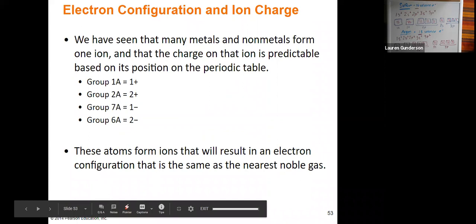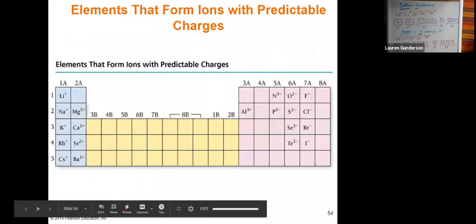Everyone's trying to mimic the electron configuration of noble gases in order to form stable structures. Okay, here's just a list of your unchanging predictable charges. Looks a lot like the list that we were talking about back in chapter 3 when we were looking at the naming, right?